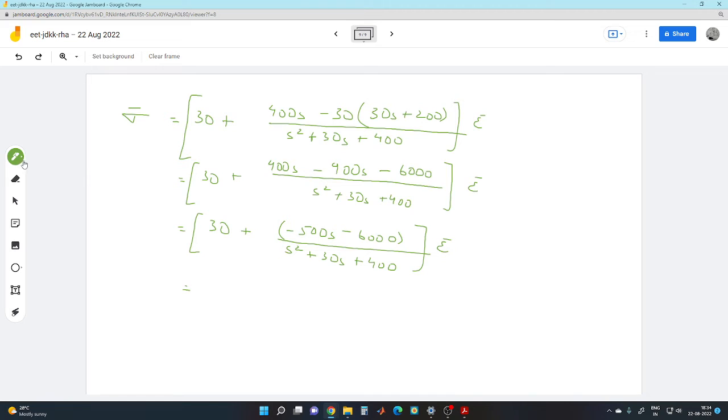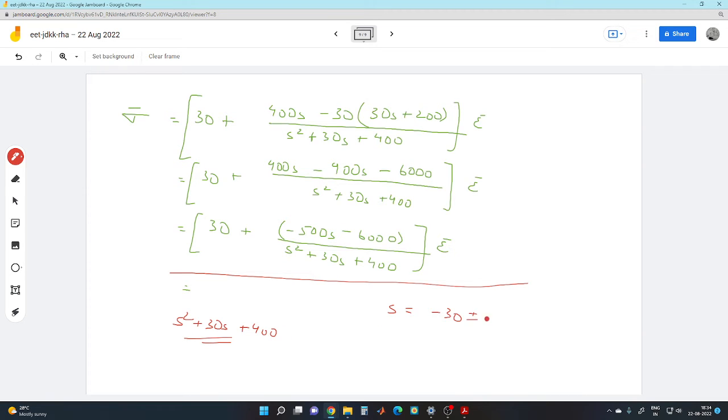Sorry, I'll just come back to this one. So for s square plus 30s plus 400, we can simply write it as s is equal to minus 30. We are finding the roots here.